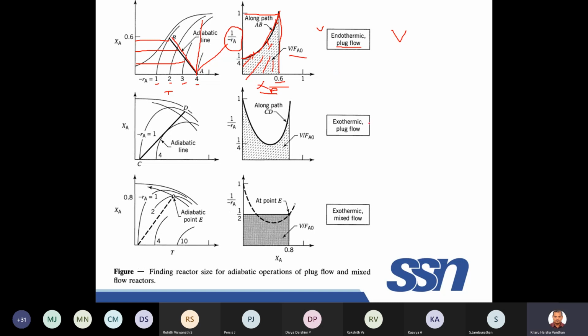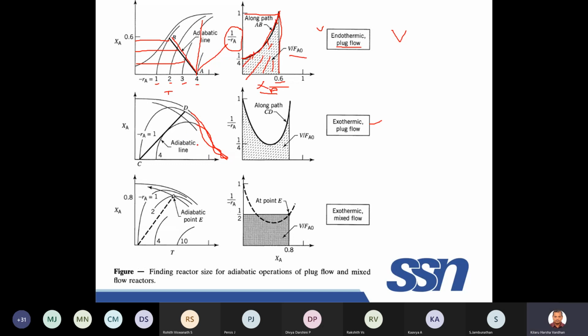Now, if we want an exothermic reaction, for the same thing, let you have again different RAs, and this is an exothermic reaction. We know that for an exothermic reaction, this particular curve will go down like this, and the rest will have a maximum and then fall to this particular thing, right? So it goes near to this and then equal.